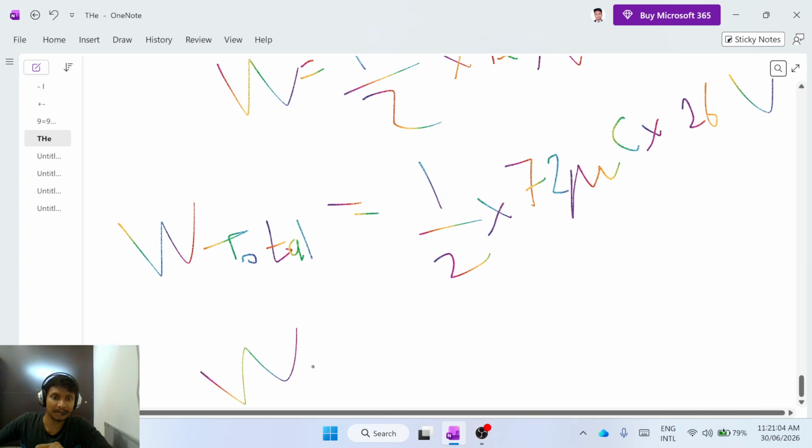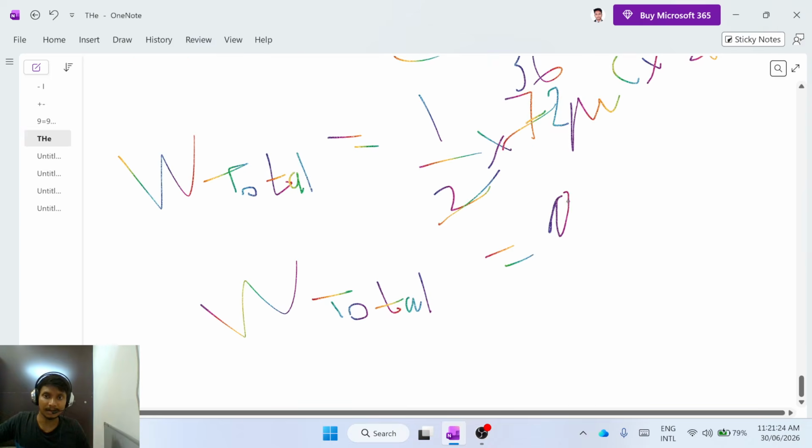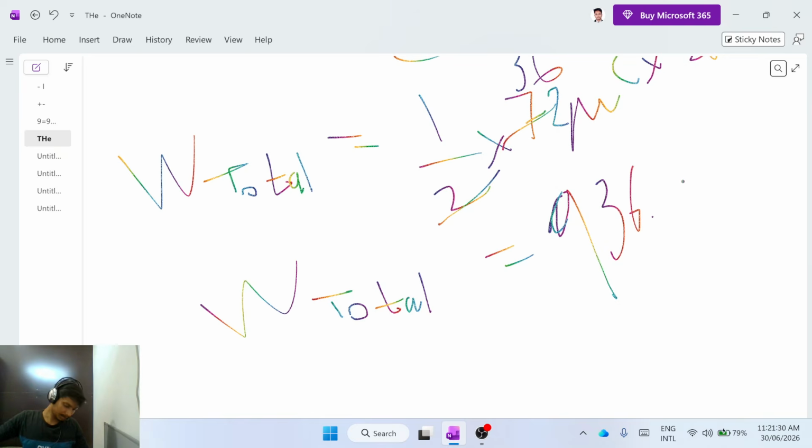Now W total is equal to half into 72 into 26, which will be 936 microjoule.